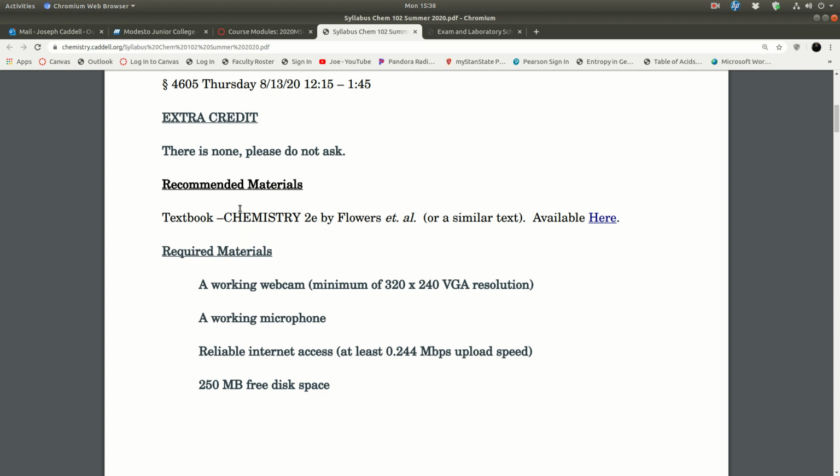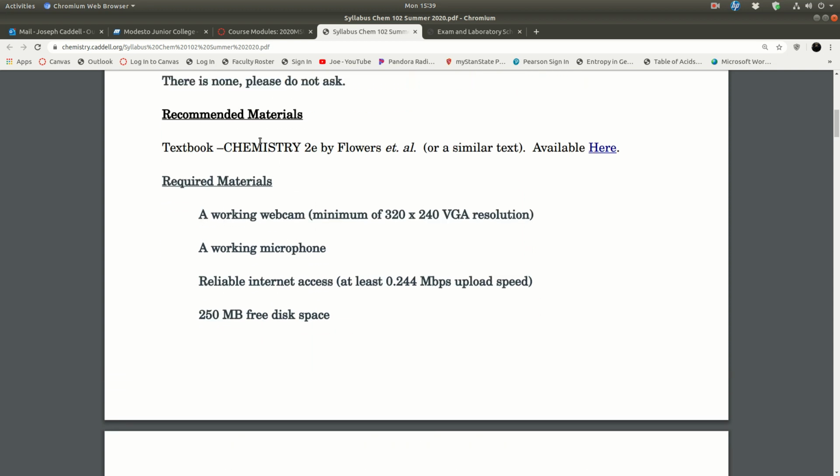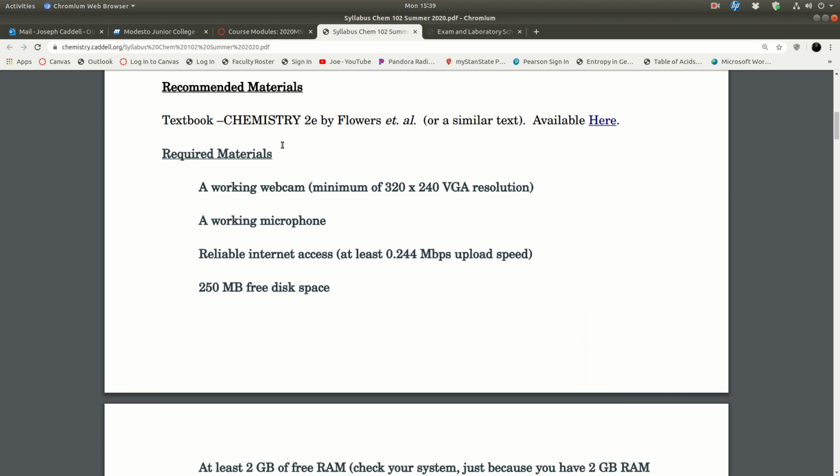Sometimes people want more reading on a topic, and the textbook's good for that, or more practice problems, although I gave you plenty. And you can get homework problems in the book too. So again, this is not required, but optional. If you want it, this link will take you to the actual textbook on OpenStax.